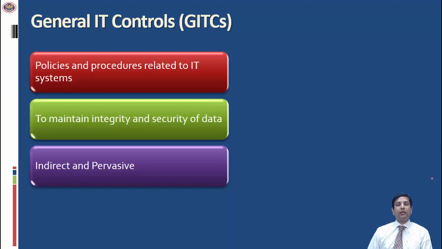Indirect because these do not directly impact the business process or the financial statement assertions. Pervasive because these controls are applied across the systems of the company, not specific to any particular system or application. And that is why general IT controls are known as pervasive controls and indirect controls.